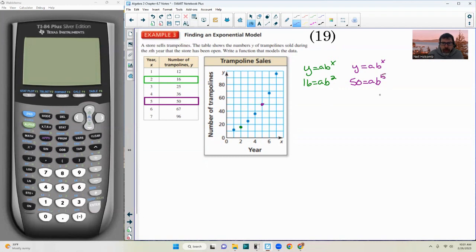So these are our two equations. I'm going to solve for a in the first one, so I'm going to divide by b squared, which gives me a equals 16 divided by b squared.